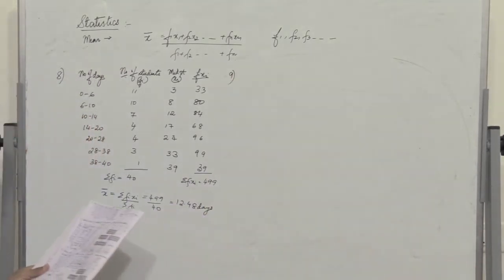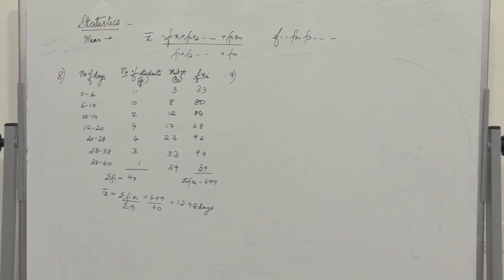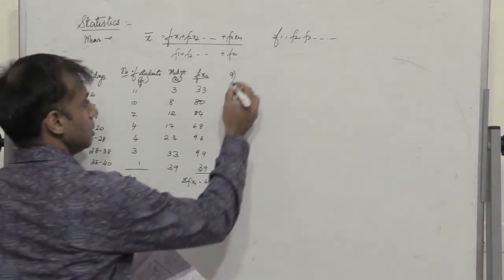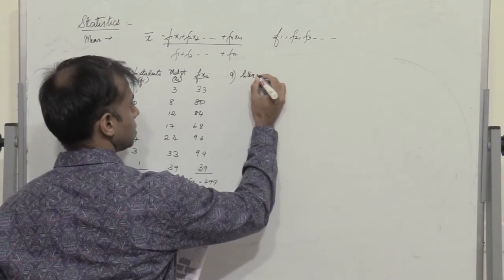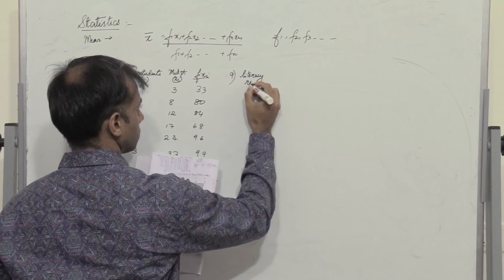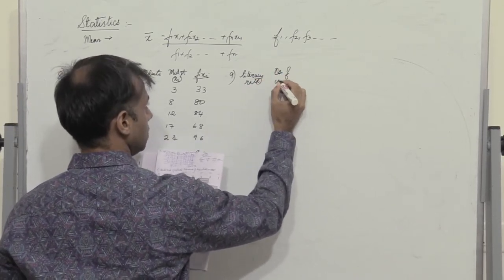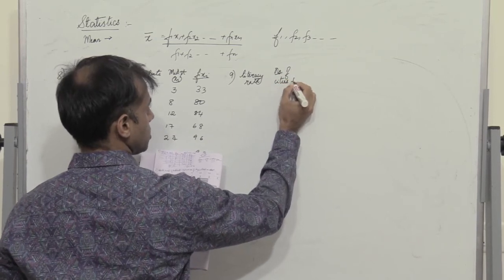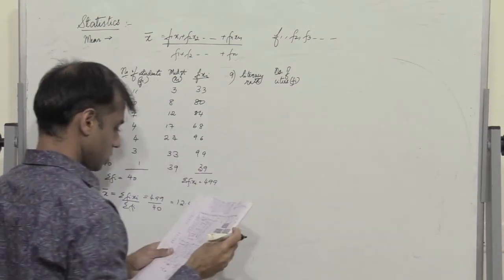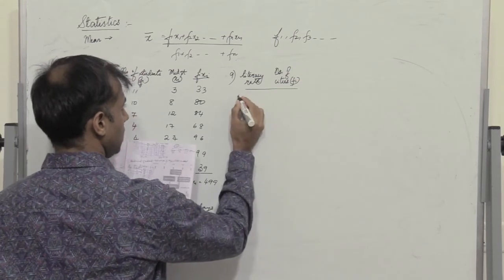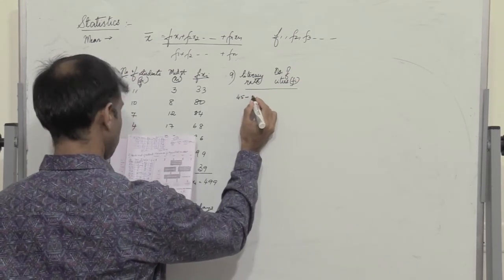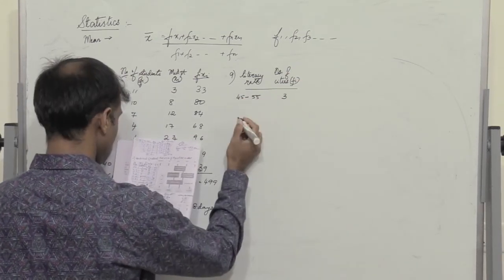Problem 9, we have a literacy rate in 35 states. We need to find the mean literacy rate. Right? So we have the literacy rate, and then the number of cities where survey was done. So this is Fi. So the literacy rate range between 45 to 55 is 3 cities.